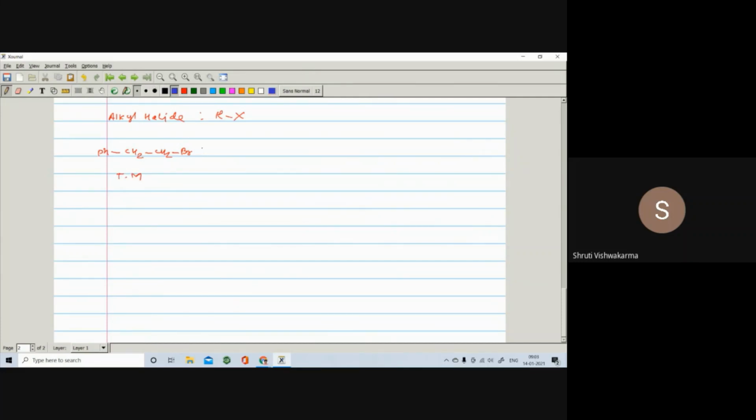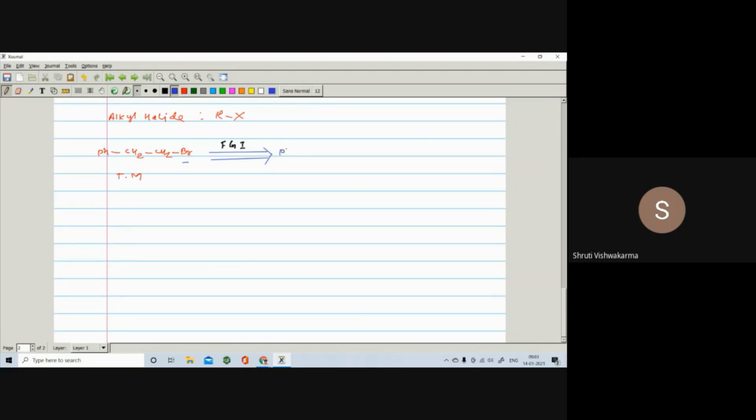When you have an alkyl halide, firstly you have to convert it into the corresponding other functional group. So here is the FGI, functional group interconversion, and for Br we can write OH.